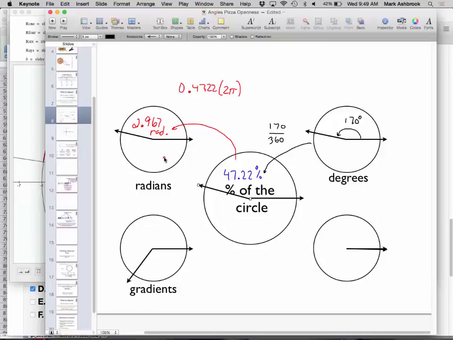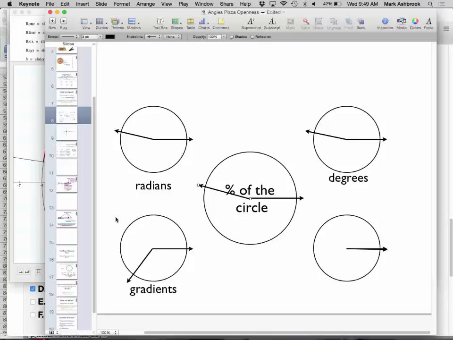Okay, gradients. There are 400 gradients in a circle. I want you to tell me how many degrees and radians 382 gradients is. This amount of openness right here is 382 gradients. How many degrees is that equivalent to in openness, and how many radians?